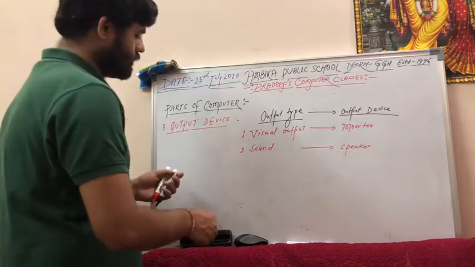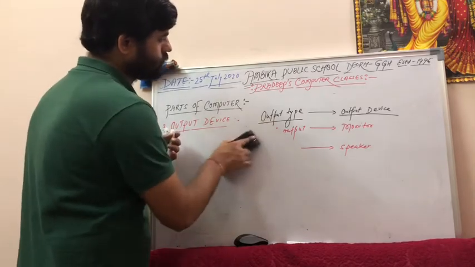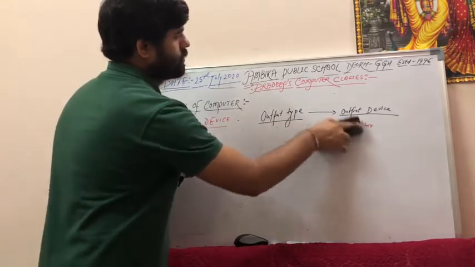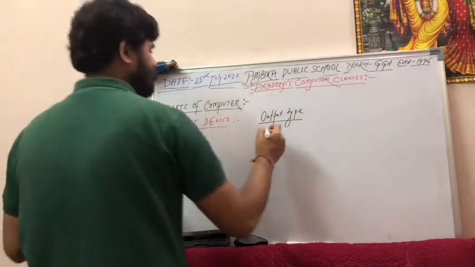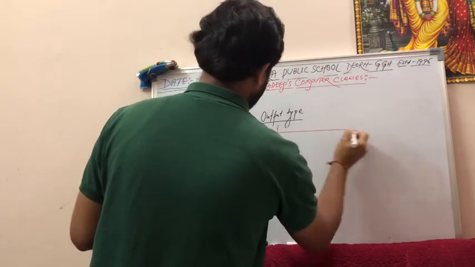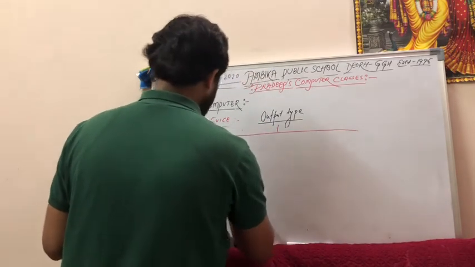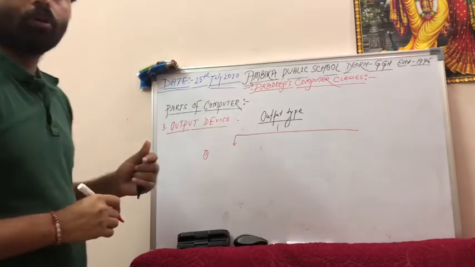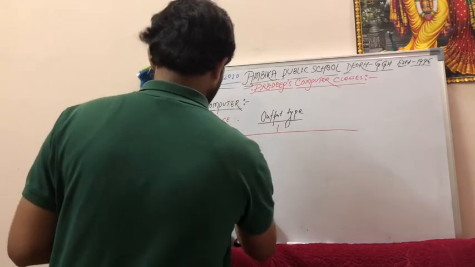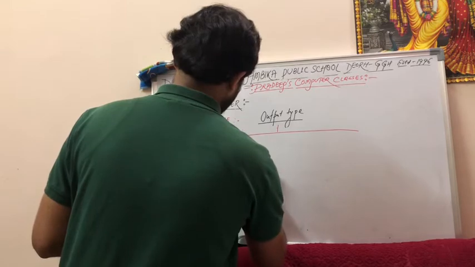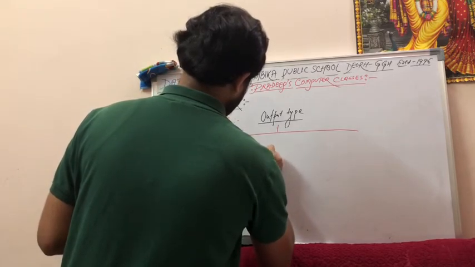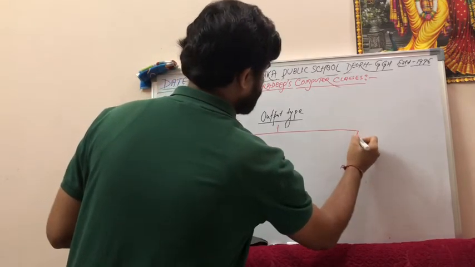So we can divide the output like this. One is hard copy output. Another is soft copy output.